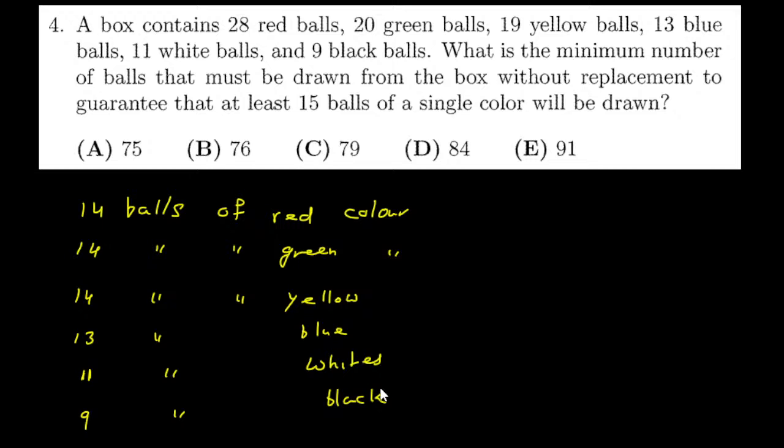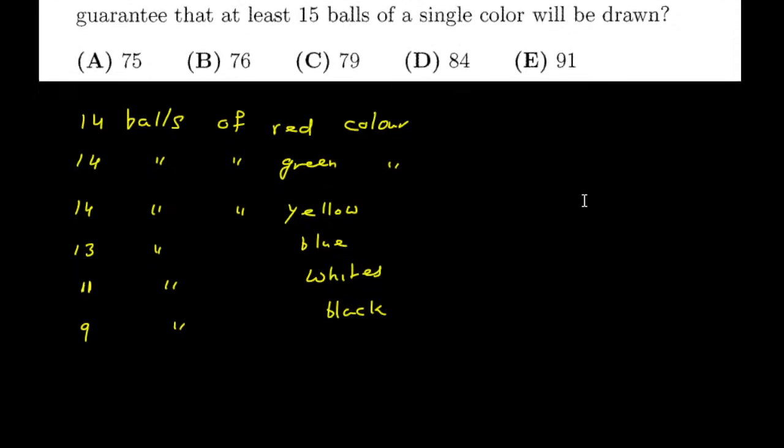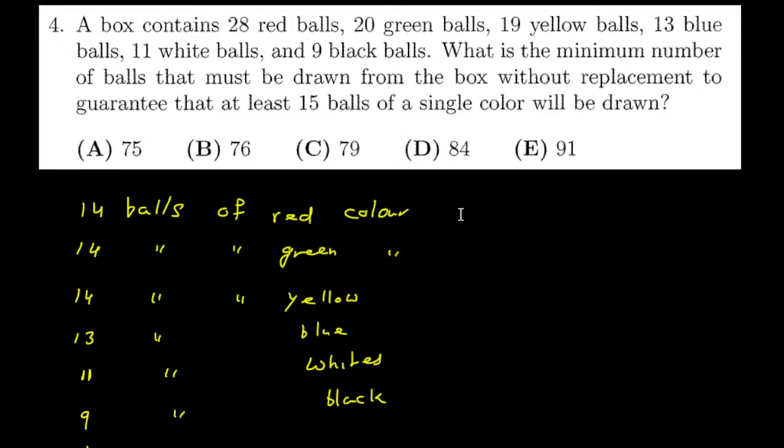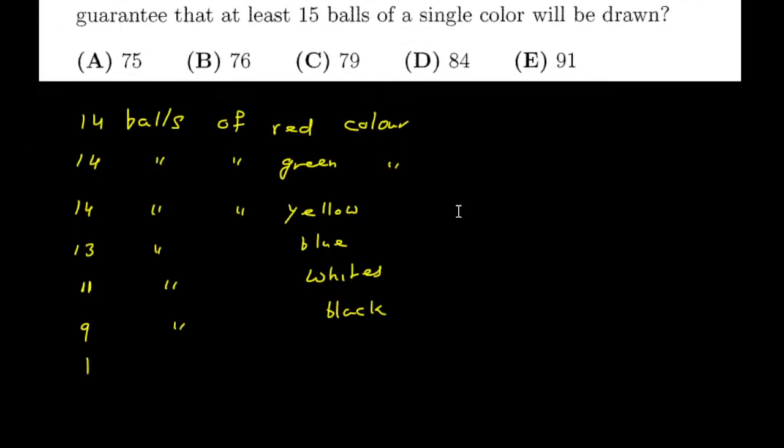And if it is yellow, you will get 15 yellow balls. Have you understood? So this is the combination with the minimum number of balls that will guarantee that there are 15 balls of a single color. So now let us add this.